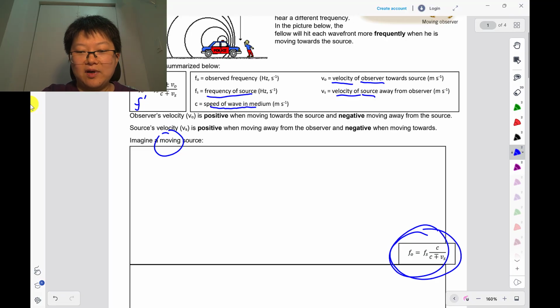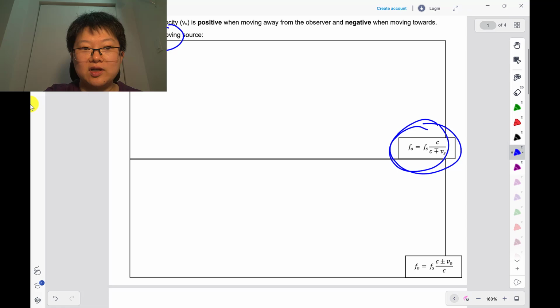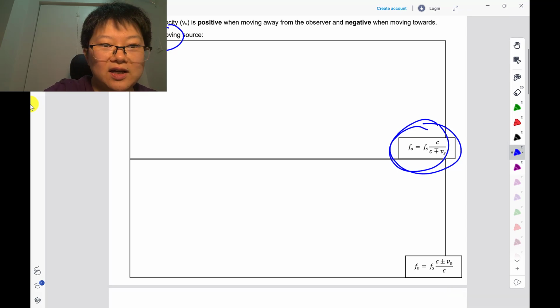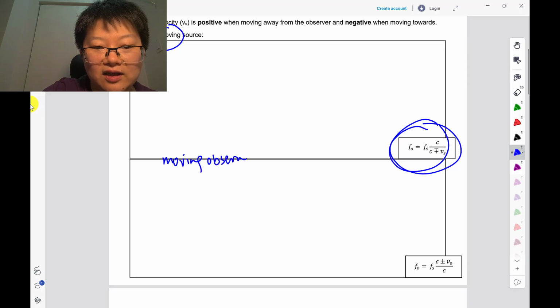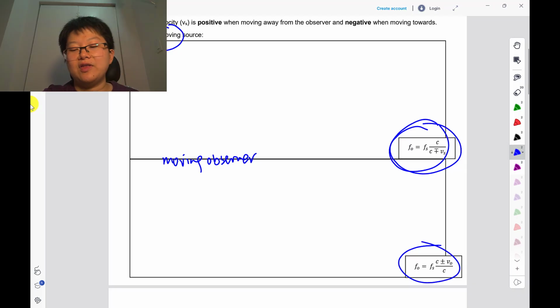The second part of the video, I will focus on a moving observer. This should say moving observer here, okay? And then this is how we derive the upper part of that equation. So that's how they're kept separated.